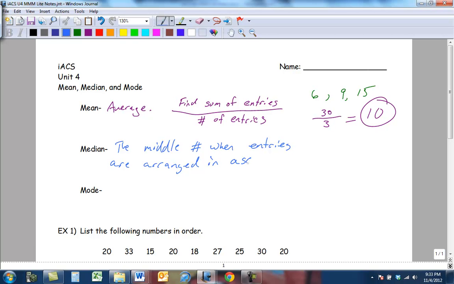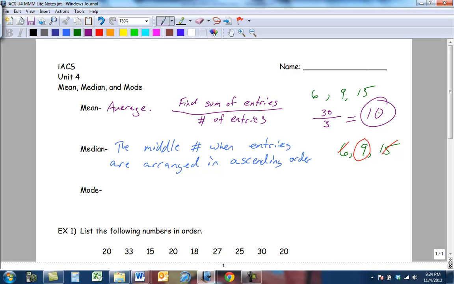And I'm going to call it ascending order. So for example, back to our 6, 9, and 15. The middle term, here's the left side, here's the right side. The middle number is 9. So the median of those three numbers is 9.